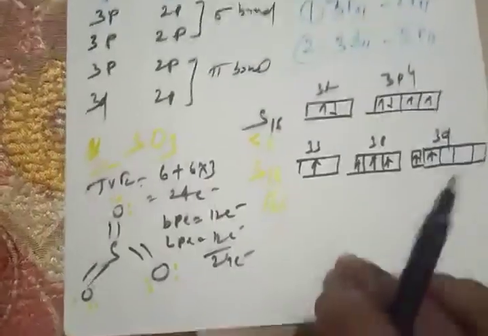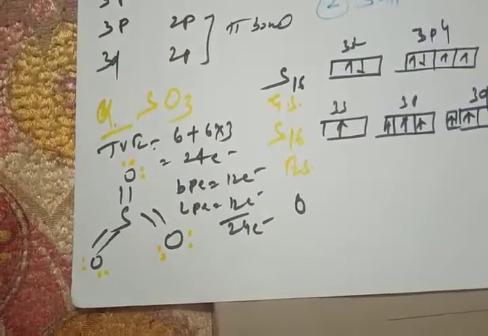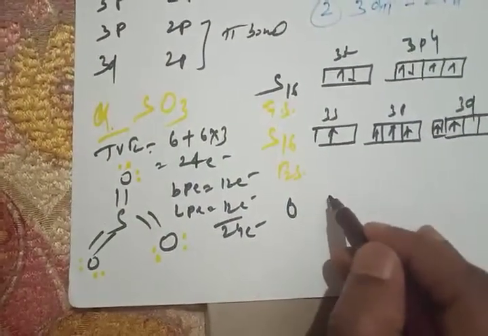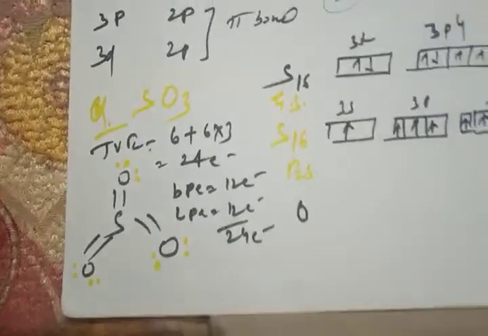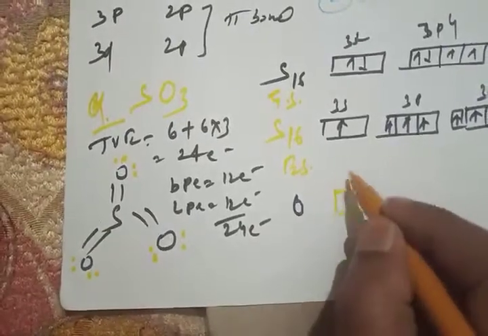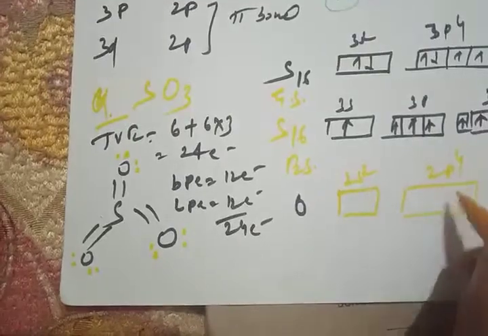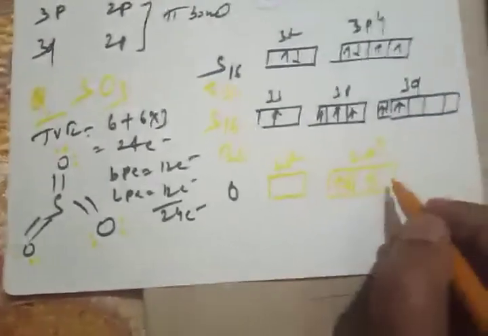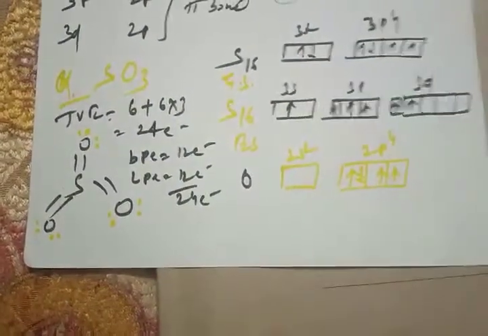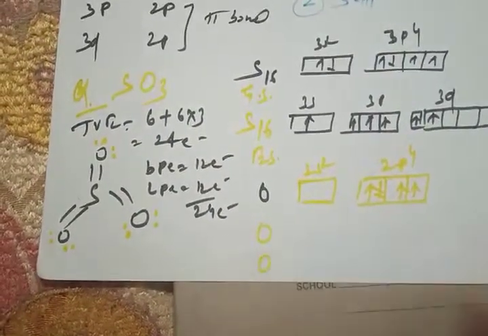So oxygen is 2s2 and 2p4. Now 3 sigma bonds, this is for one oxygen, you can go for the second one and the third one.